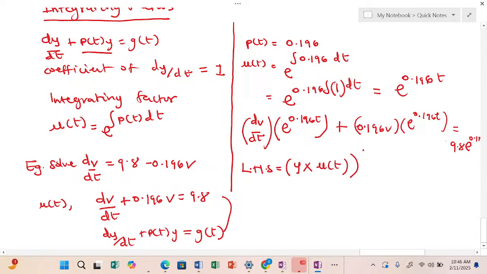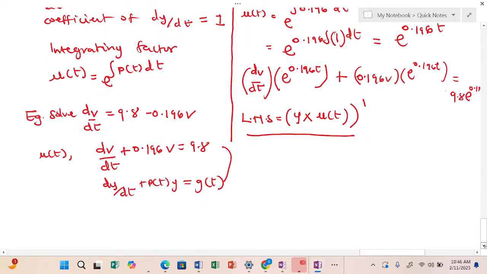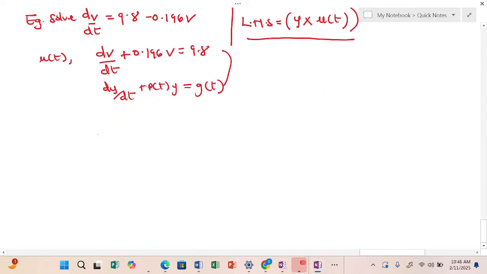So this is what you get for the left hand side. It's a property we must take note of: after multiplying through with your integrating factor, your left hand side becomes the dependent variable times the integrating factor, all prime. So now we can move ahead and compute.